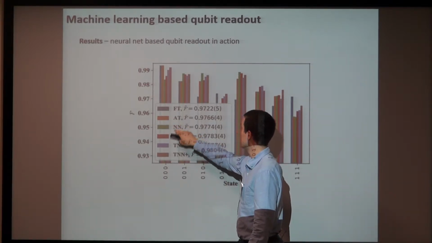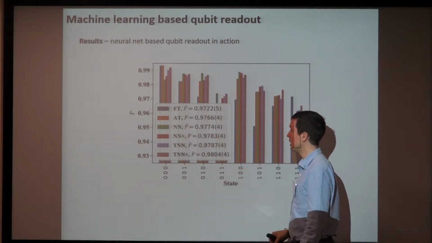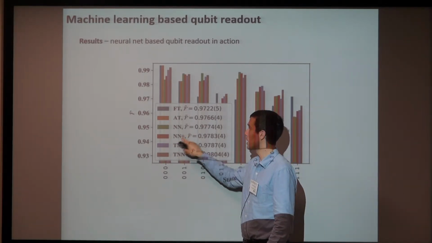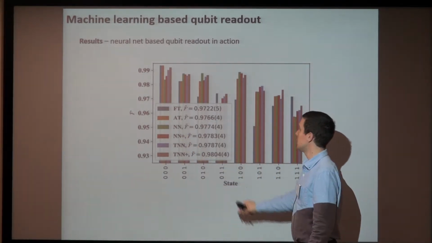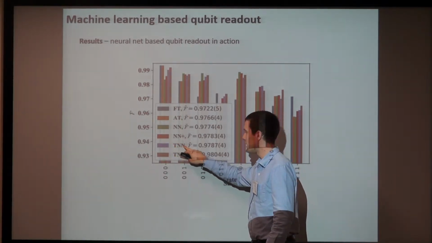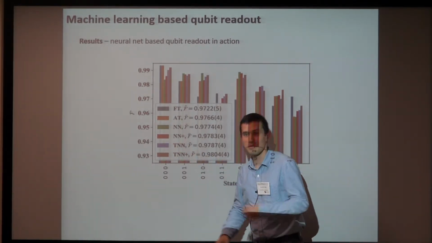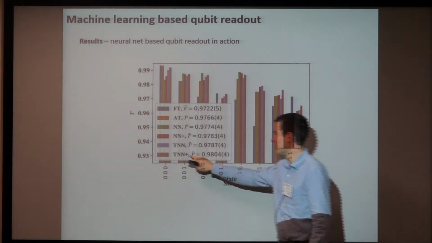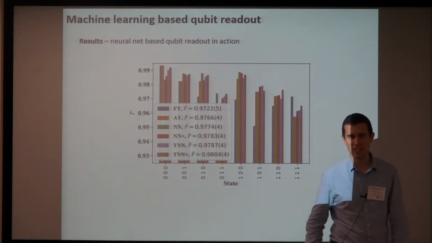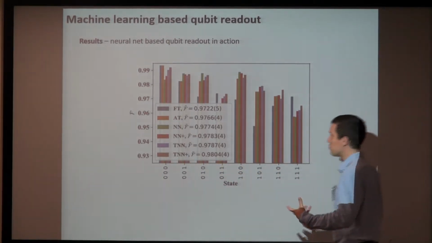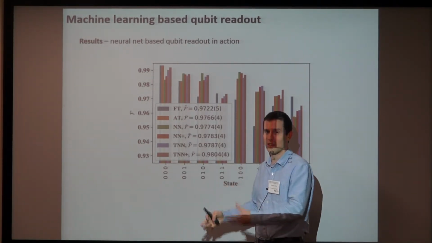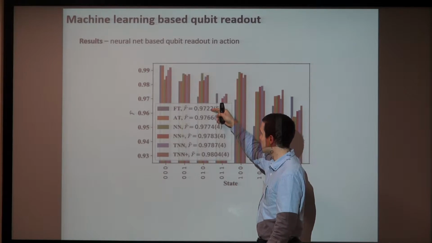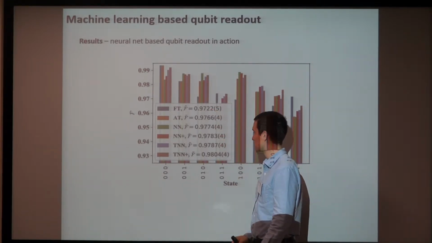NN means neural net. So you can see the fidelity is a little bit higher. NN plus means the neural net incorporating the additional empty channels between ions. TNN means the neural net incorporating the arrival times of the photons. And TNN plus means incorporating both. You can see that as you add more features to this neural net, as you give it more information and let it digest more of it, it gets better and better at classifying these results.